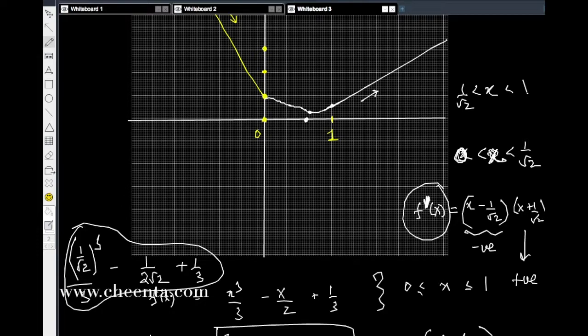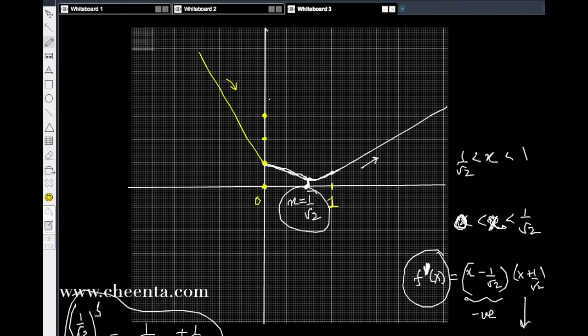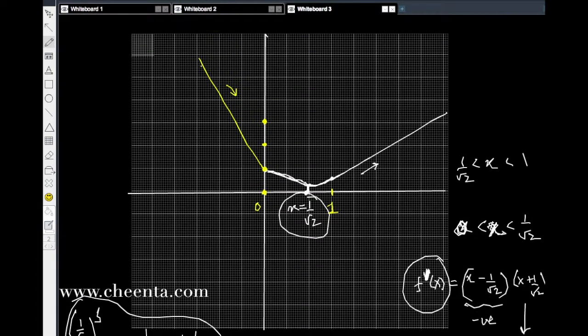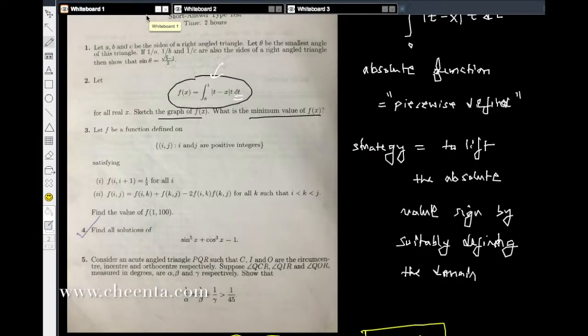So clearly at x equals 1 by square root of 2, we have the minimum value. In between, we have a slope like this, and of course we have straight lines otherwise.